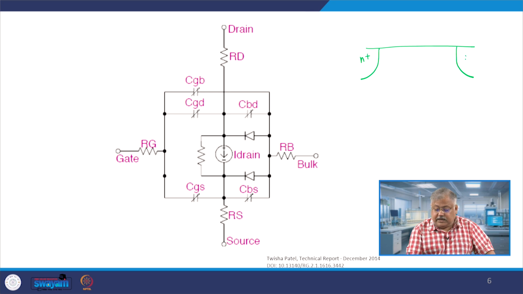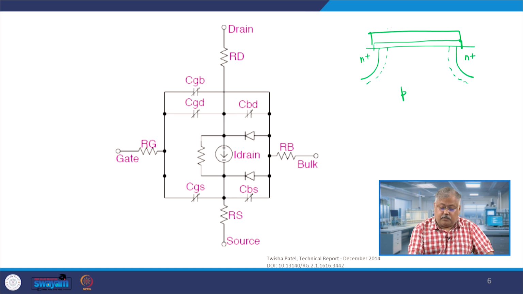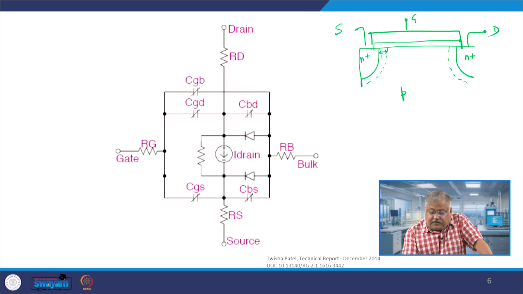This is n plus, and if I do not apply any bias anywhere, I will get a fixed depletion here, because this is a p type substrate, correct. So, this will be the gate, and this will be the metal gate which we apply. This is the drain, and this is the source. This is LD, and this is also LD.